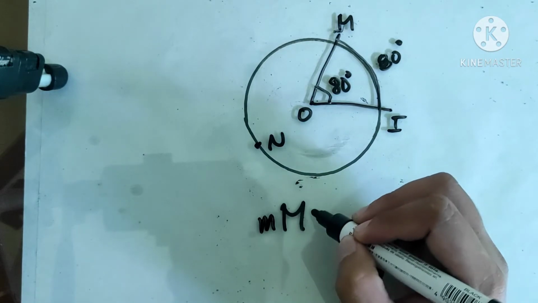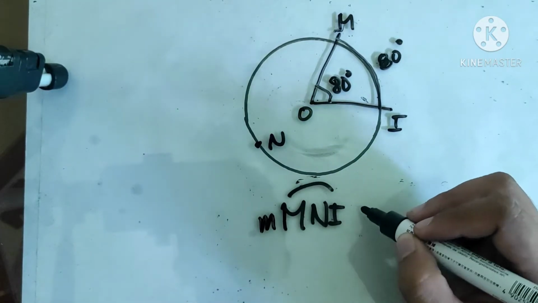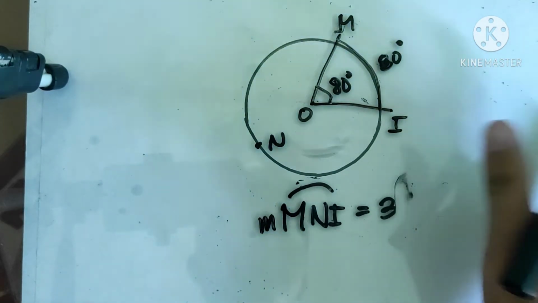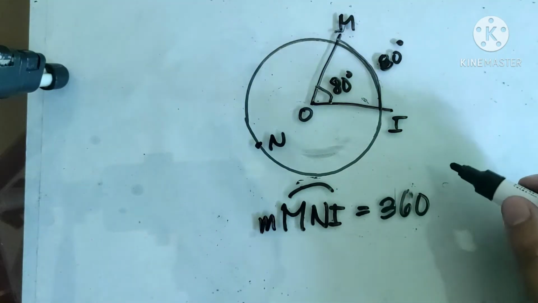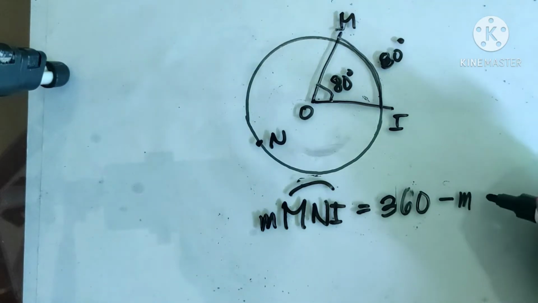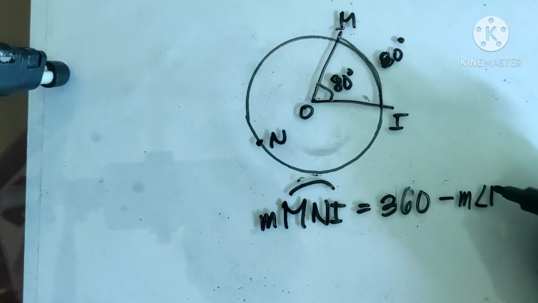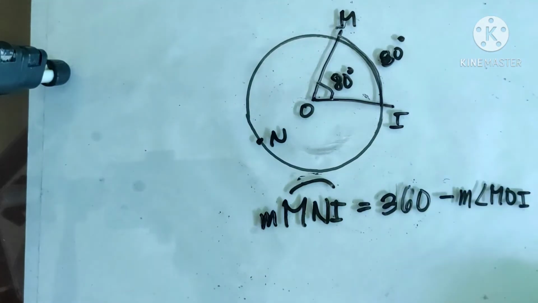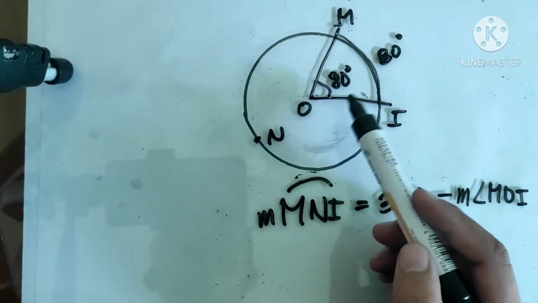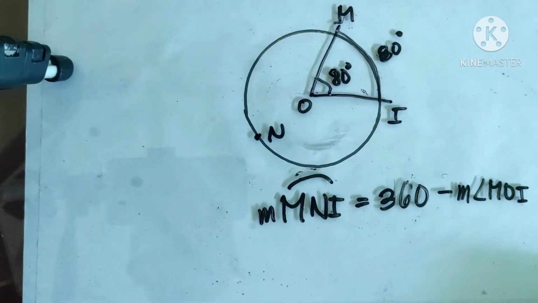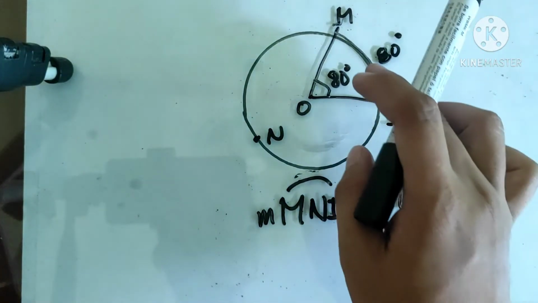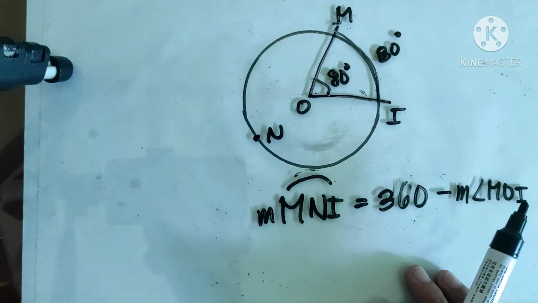We have arc MNI is equal to 360 minus the measurement of your arc or angle MOI. Okay? So, meaning, yung measurement ng ating central angle MOI, i-minus natin sa 360. Bakit 360? Kasi nga, isang buong circle ito is equal to 360 degrees.